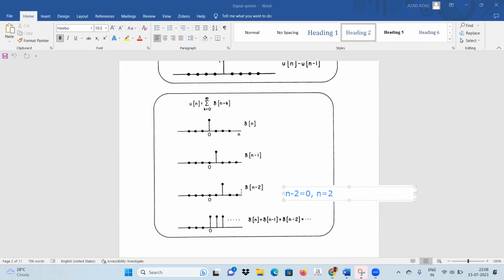It means the value at the origin will shift by 2 units, and this will be 2. And if you want to add delta n, delta n minus 1, and delta n minus 2, then add all these figures and it will become like this.